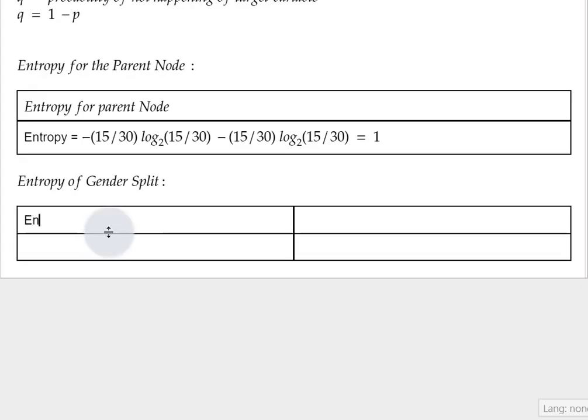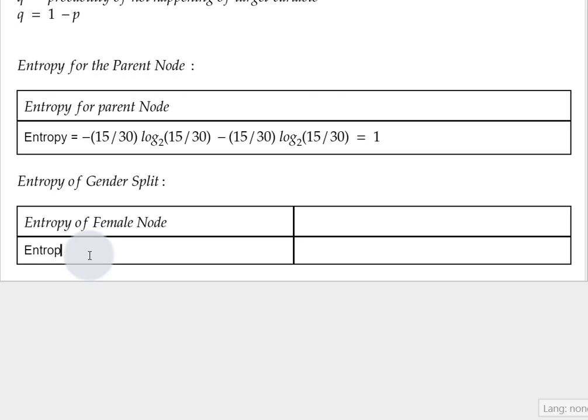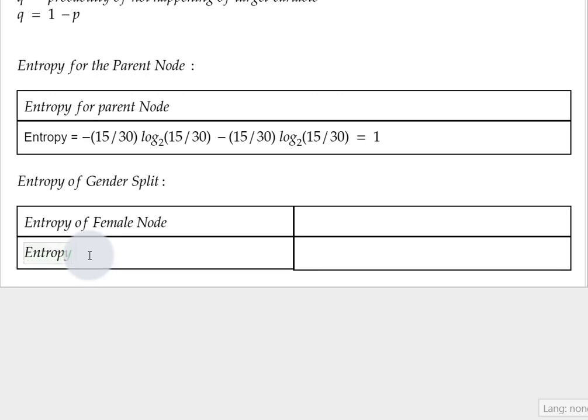Entropy of the female node, right? So what will be the entropy? I'll try to write it over here.